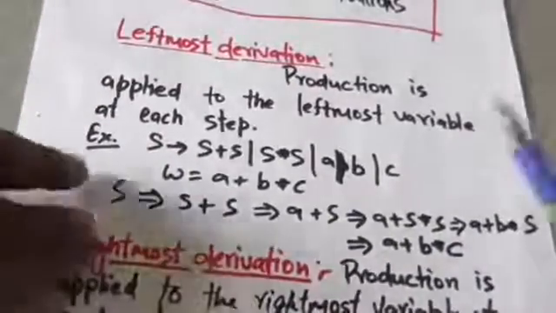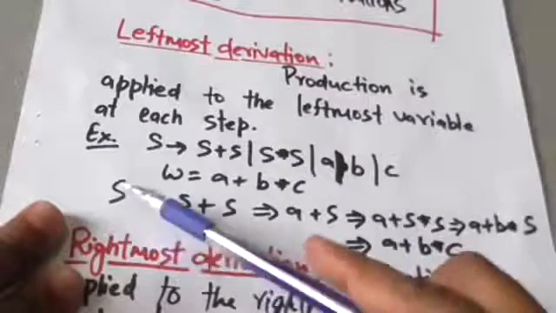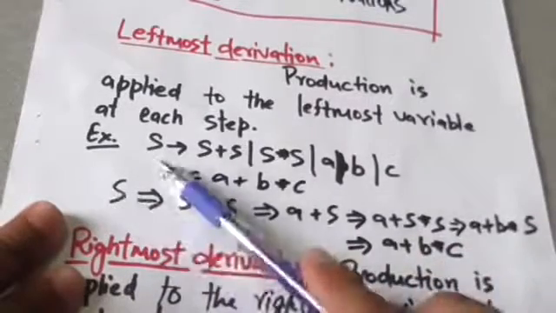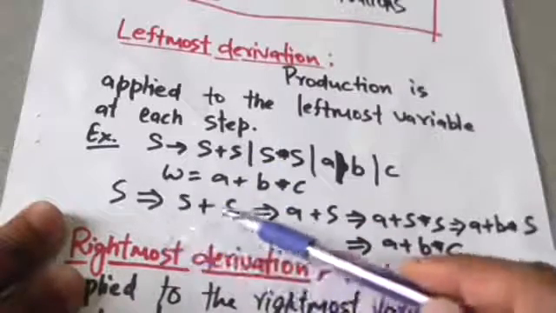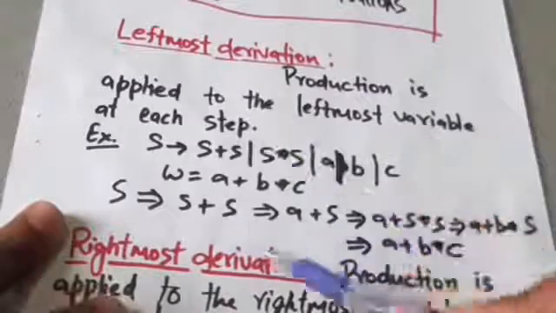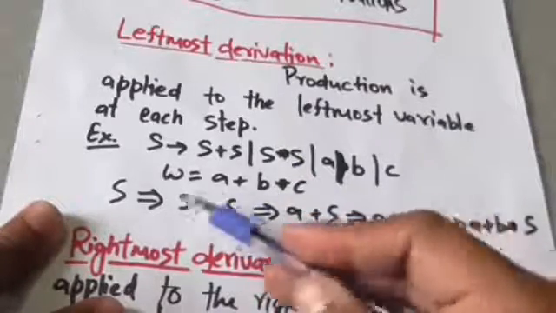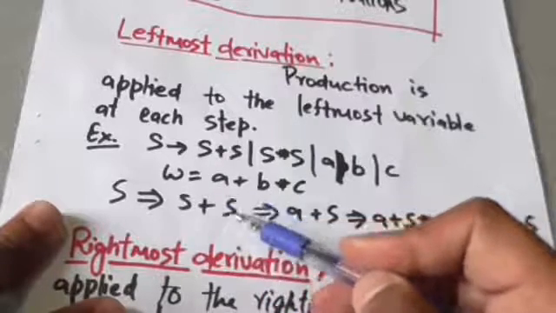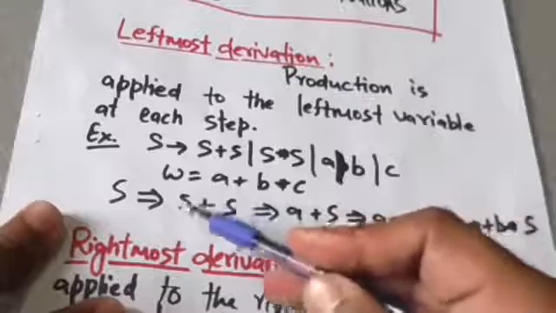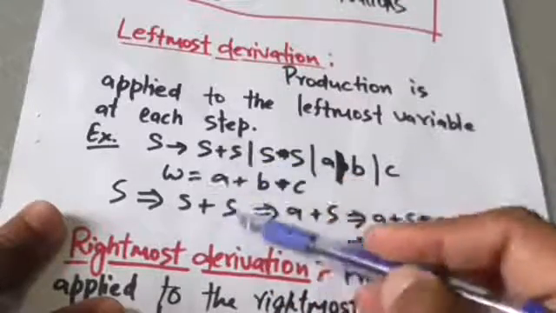Right? So start from S. Here we have applied the production rule S derives S plus S. So S is replaced by S plus S. Now here in this string we have two variables, S and S. Right? Both are S. We can apply production rules to either of them.